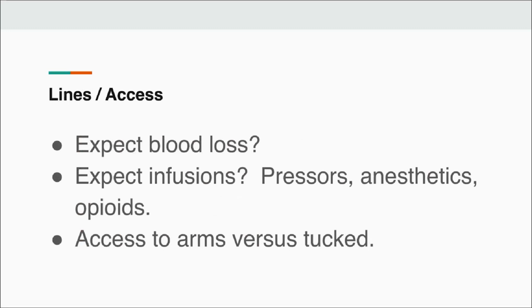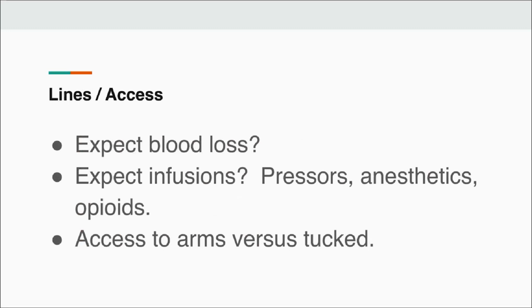Also, if the patient is expected to be unstable and will need infusions of pressors, or if we're infusing our anesthetic or different opioids, we may want a more secure IV than the one the patient comes with. Whether that be a second or third IV or a central line, we may need extra access.